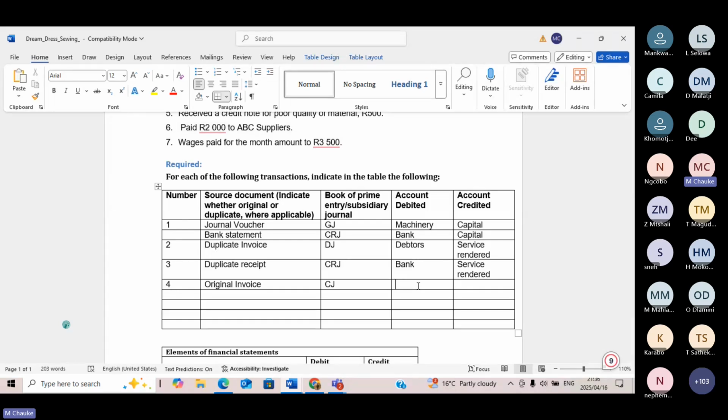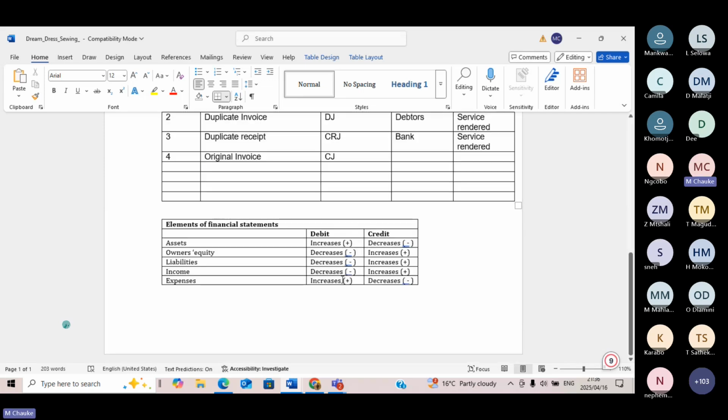Materials are expenses. Sorry for that. Materials are expenses, and whenever there's an increase in an expense, we debit, right?